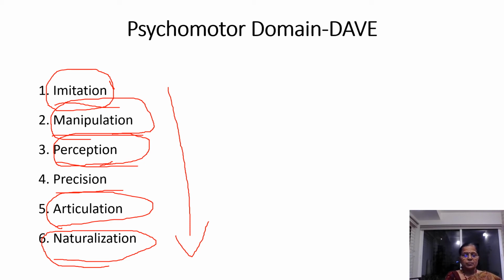Sometimes you do it without even knowing that you are changing the gear, you are putting the signal, but you have landed at the destination safely. What does it mean? You have naturalized all the movements that are required for safe driving. So that is the final level, the highest level of learning for psychomotor movement. And this is the classification given by Dave.